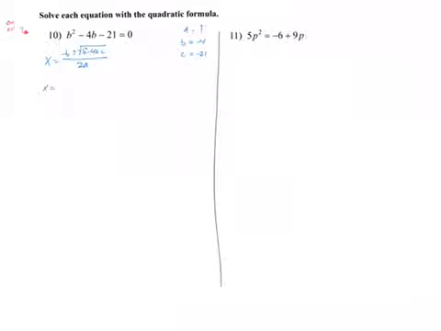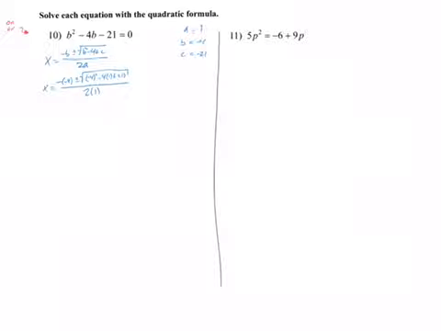So x is going to equal negative (negative 4) plus or minus the square root of negative 4 squared minus 4 times a times c, all divided by 2 times a.